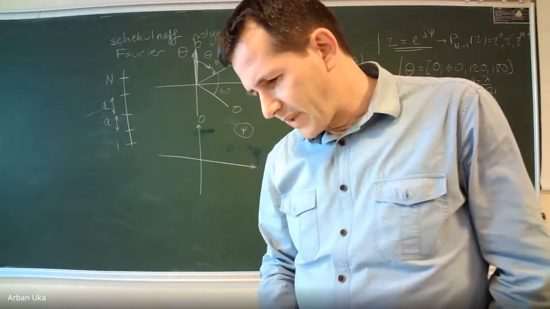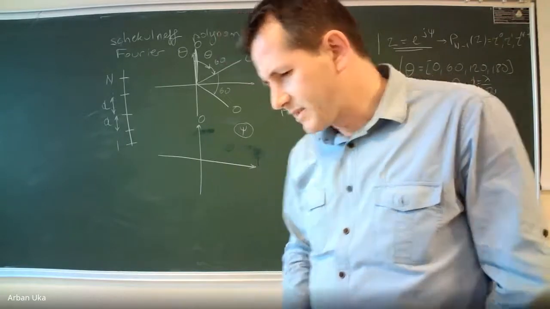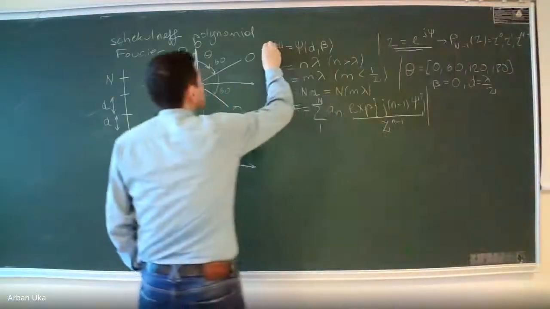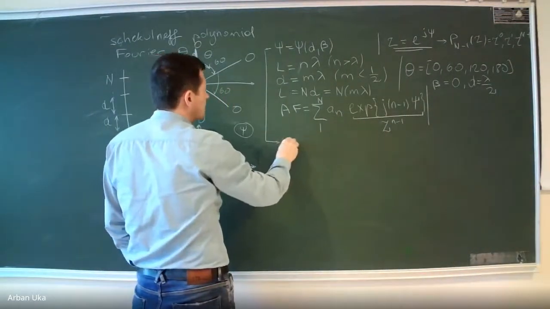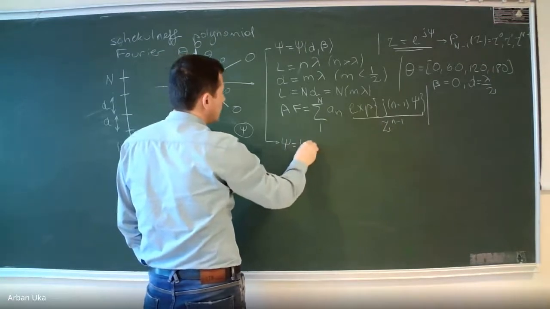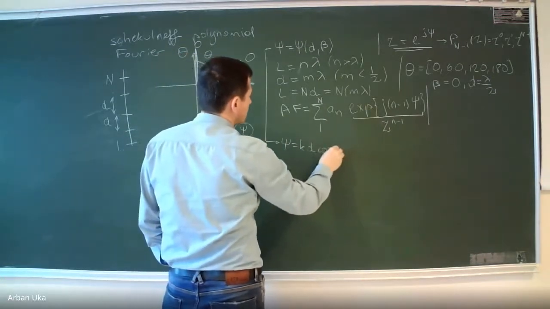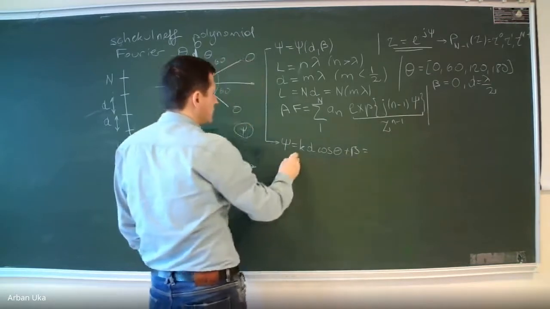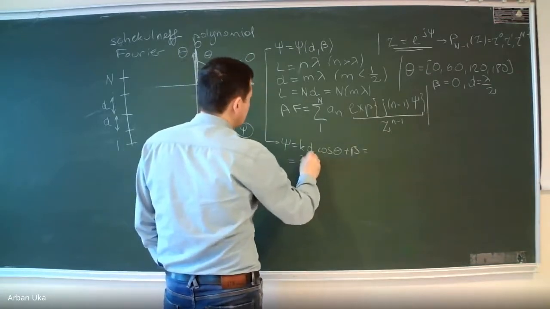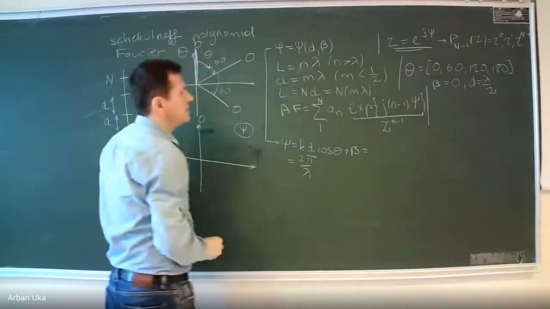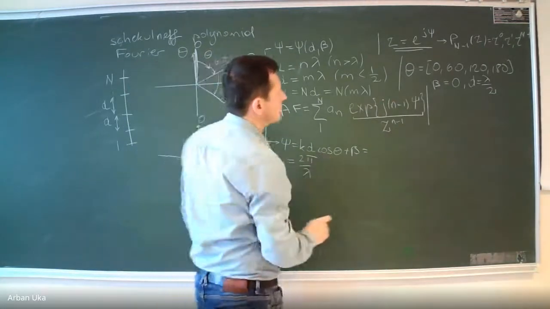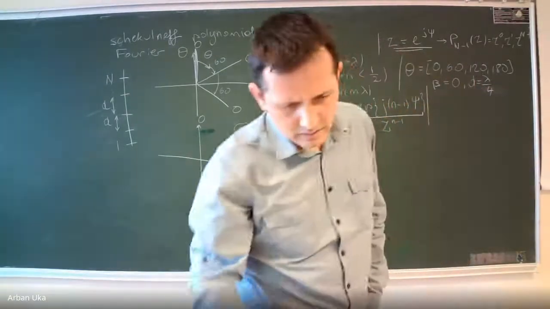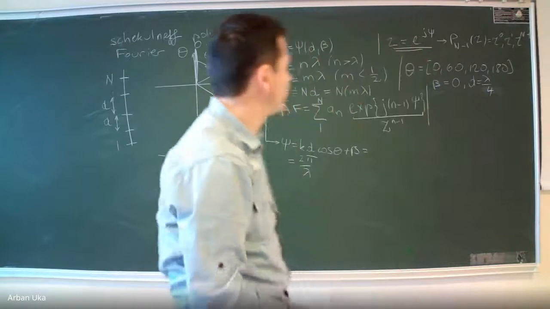Okay, so we have these thetas, and the first thing that we should start considering is the following. What does the psi look like? This would be equal to kd cosine theta plus beta, and this will be equal to kd, where k is 2 pi over lambda, and d is, we said lambda over 2, it should be lambda over 4, let me check again, this is lambda over 4.